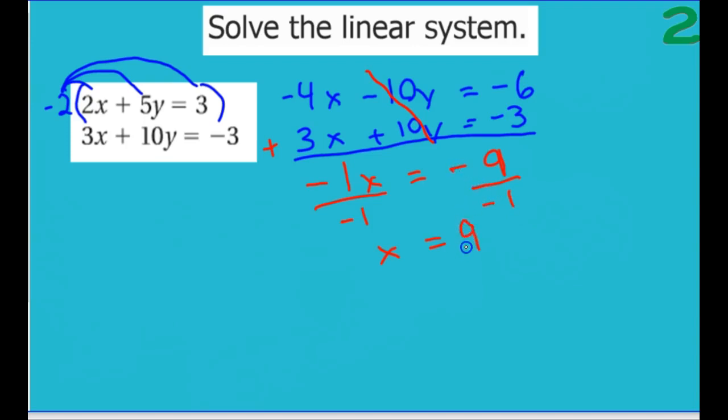So x equals 9. So we're going to take that 9 and plug it in to somewhere where we have an x. I'm just going to put it into the top equation because it has no negatives. So it's the easiest in my mind.